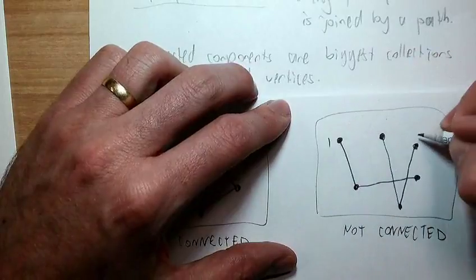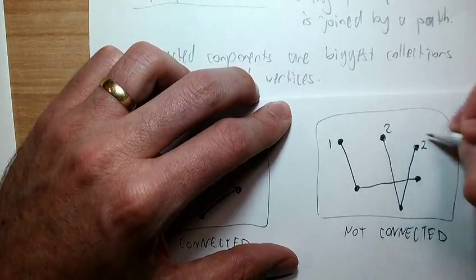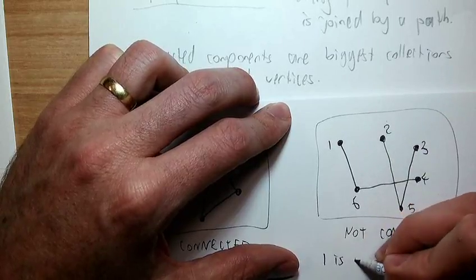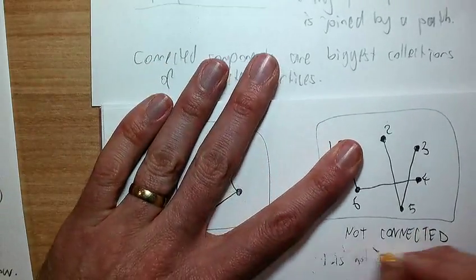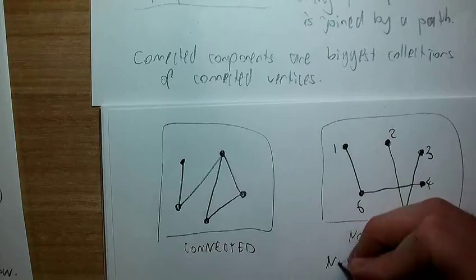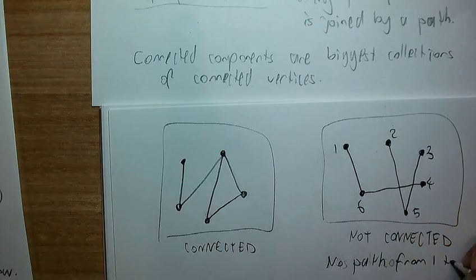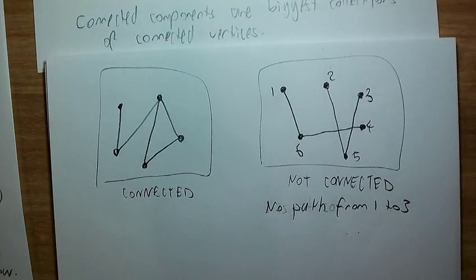I'll just label them 1 and 2 if you like. Let's call them 1, 2, 3, 4, 5, 6. I can say no path from 1 to 3. There is no path from 1 to 3. That's why it's not connected. And what we have is two connected components.